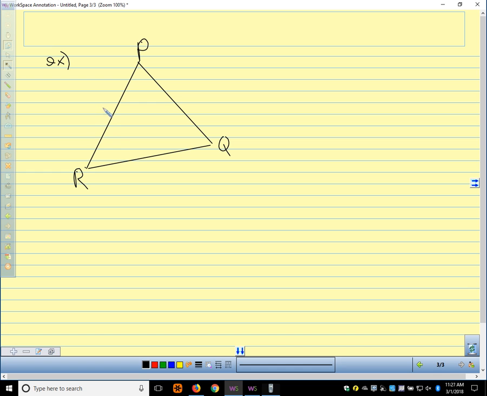All right, and I'm going to say side Q is 1.25, side R is 3, and side P is 2.5. And for this one, we want to find all the angles.